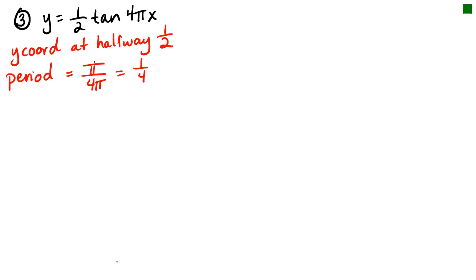And then my vertical asymptotes are going to be at pi over 2 times 4 pi, which is, pi's cancel, 1/8. All right, so let's draw.